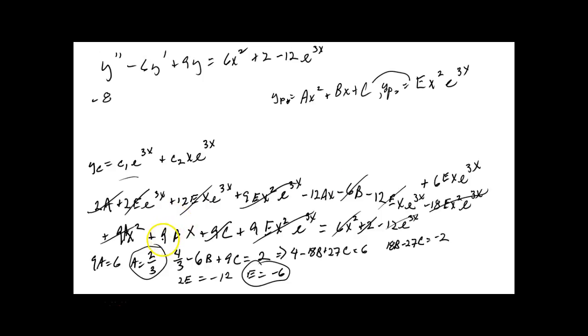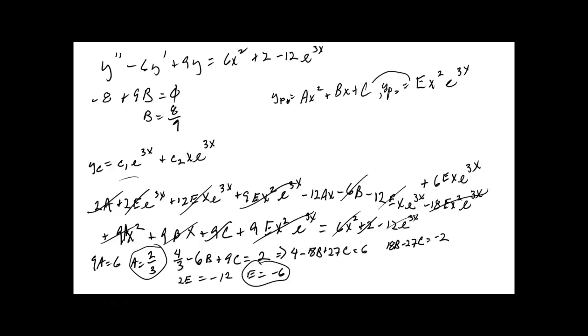And here we have a b term, plus 9b. Okay, and we don't have any x terms here, so this has to equal 0. So, not looking pretty, but it looks like b is equal to 8/9. Is that at all true? Where are we? 8/9, I believe we're right.